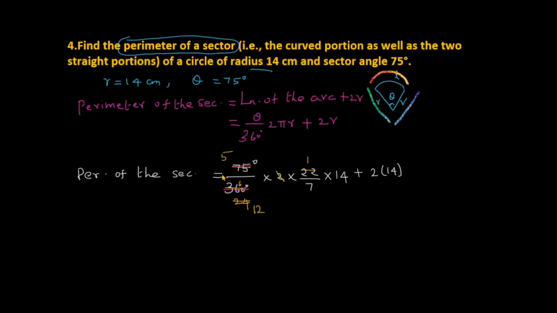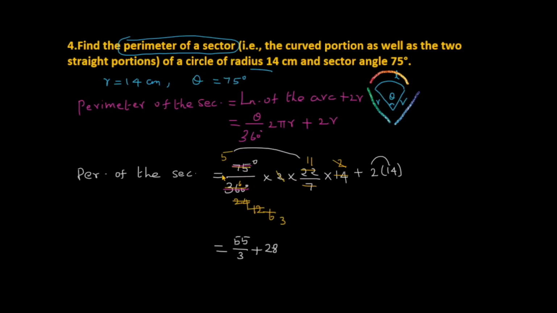Again 22 divided by 2 is 11, here 6 times. Then 7 and 14 can cancel 2 times. Then 2 and 6, 3 times. Now after reducing the given numbers, we have in the numerator 5 into 11, 55 by 3, plus 2 into 14, 28.